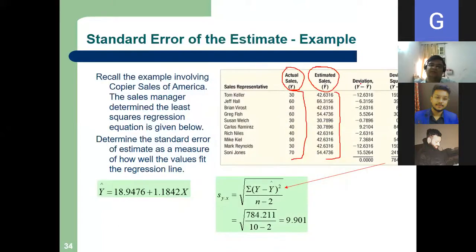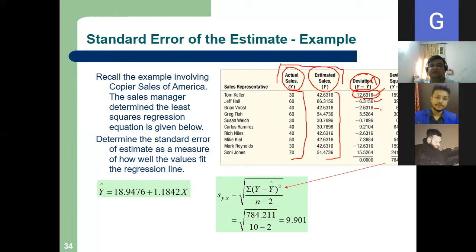Then see the deviation, see the steps. These two we have already done. Now you have to see the deviation of what? Y minus y hat. If this is not visible, I am making it larger. How much is y minus y hat? How much is the error in the first one? Minus 12.6. Similarly, you can calculate all the errors.